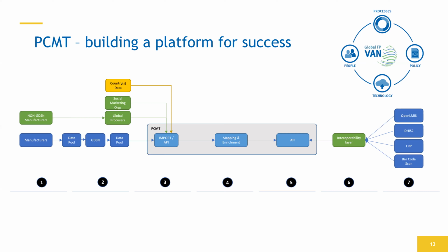But it's also important to note that GS1 and the GDSN is a journey, and that will take a lot of time for it to have full saturation in the markets. So we know that we have to be able to work with and leverage GDSN data, but we also need to be able to work with data that's not always going to be sourced directly from the manufacturer. And we want to be able to work with both.